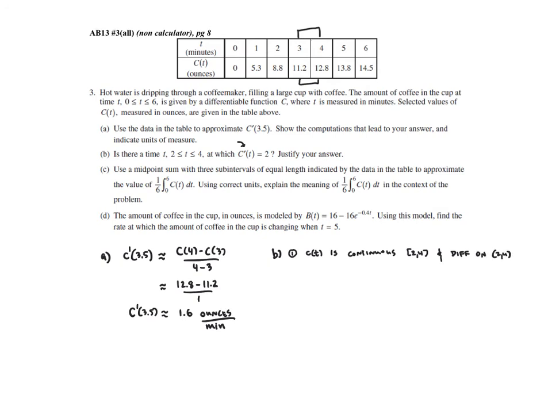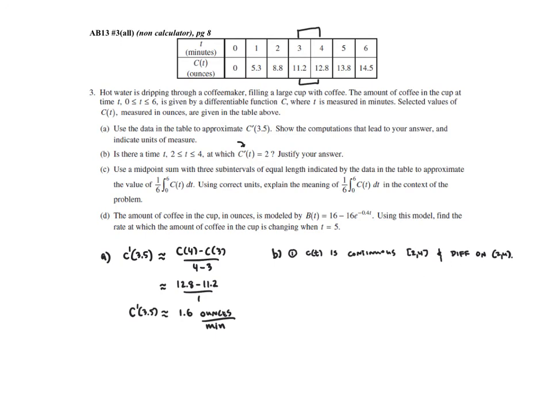Now let's look at the problem above, where it talks about the initial parts. C is differentiable from 0 to 6. Thus, if C is differentiable from 0 to 6, it's got to be differentiable from 2 to 4. And if a function is differentiable, then it has to be continuous, right? Therefore, both of these would check.